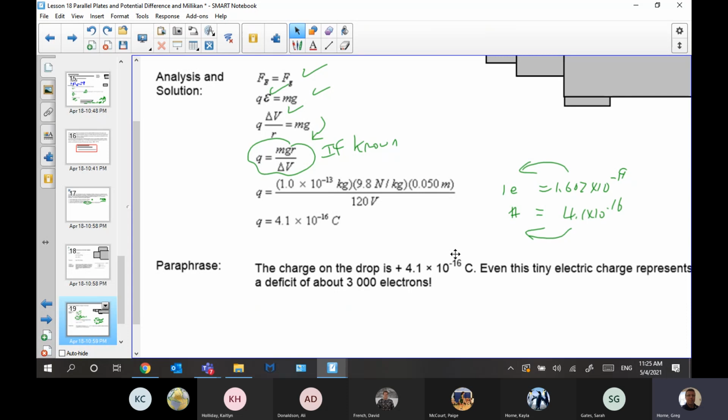So here it says the charge on the droplet is 4.1 times 10 to the negative 16. It's an extremely small amount of coulombs, but that's actually about 3,000 electrons. If I do the numbers quick here, 4.1 e to the 16 negative, divide by 1.602 e to the 19 negative.